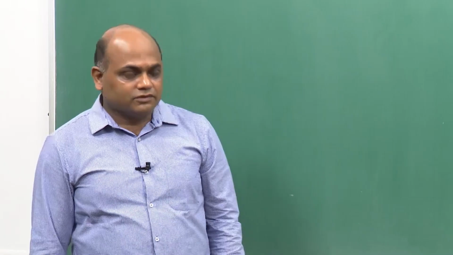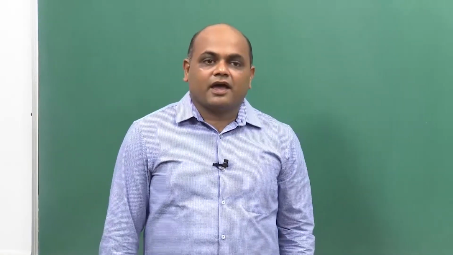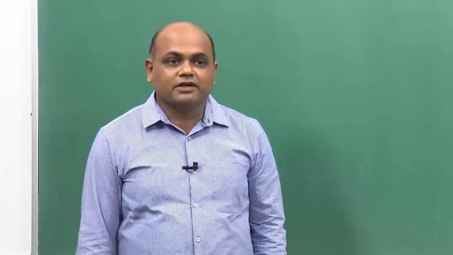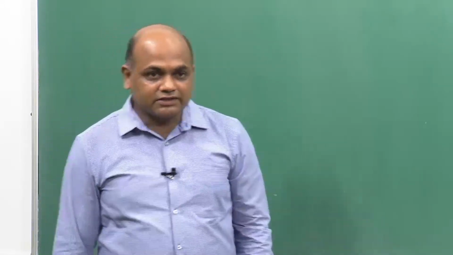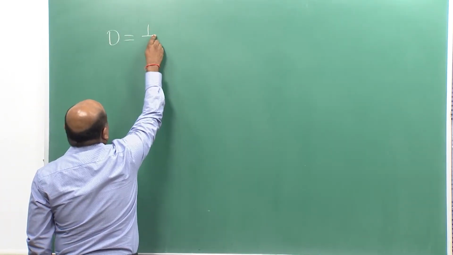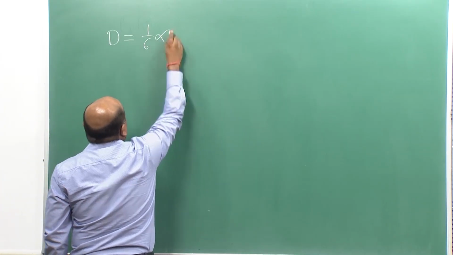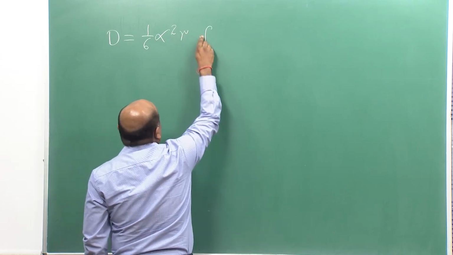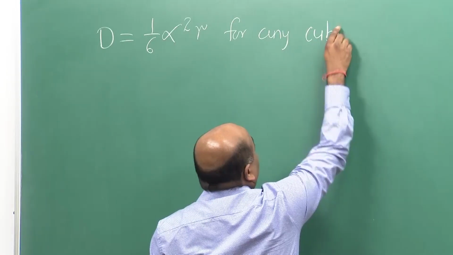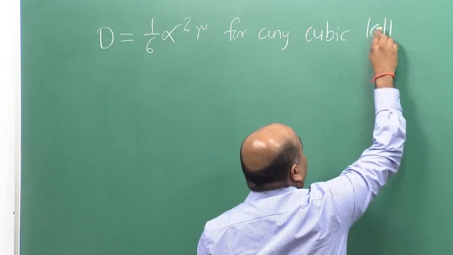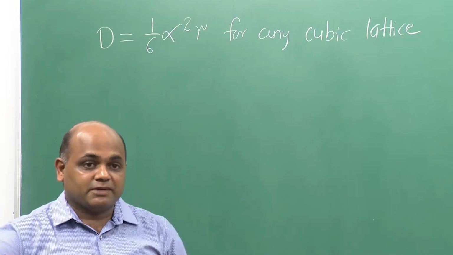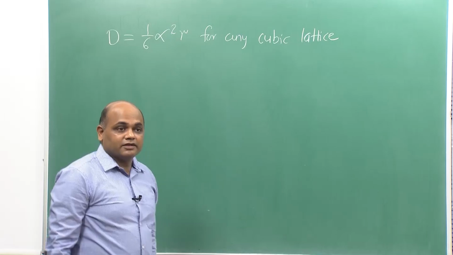So, we have gone through the Fick's law equation, and we also derived the equation for diffusion coefficient based upon atomic jump frequencies. We obtained D equal to 1/6 alpha square gamma for any cubic lattice, maybe simple cubic, FCC or BCC.